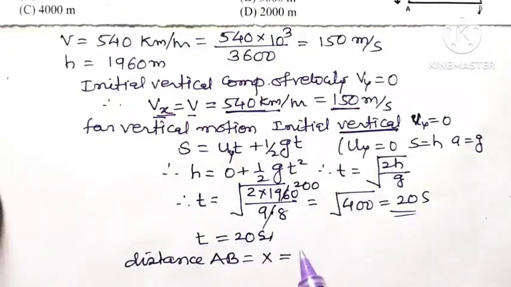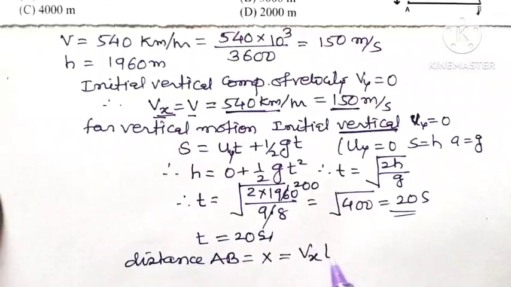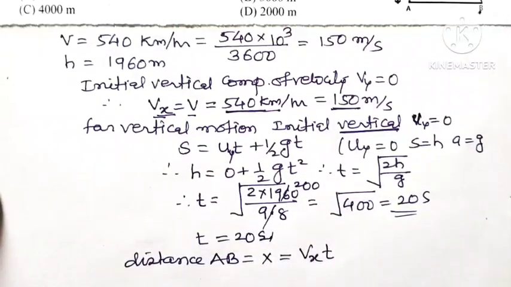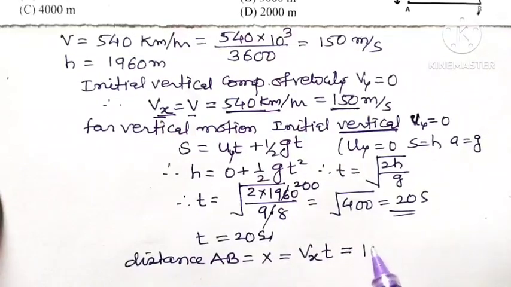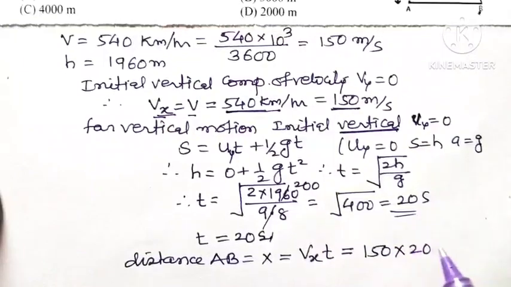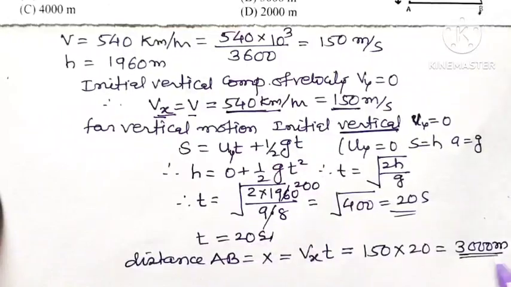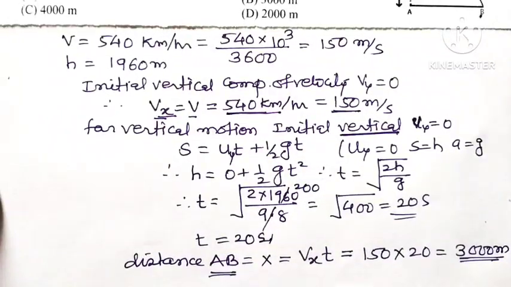Horizontal distance is equal to horizontal velocity multiplied by time taken. Horizontal velocity is 150 meter per second, and the time taken we calculated is 20. So 150 multiplied by 20 is 3000 meter. The distance AB is equal to 3000 meter.